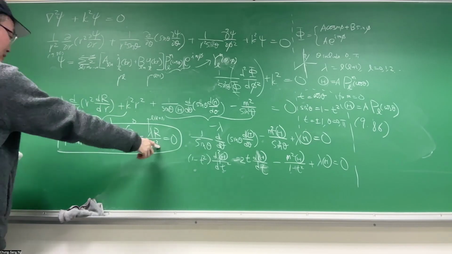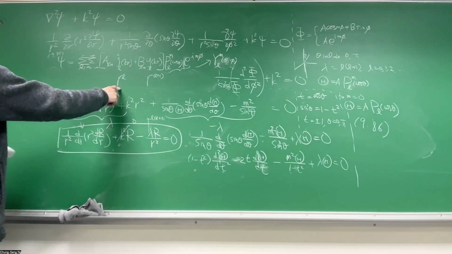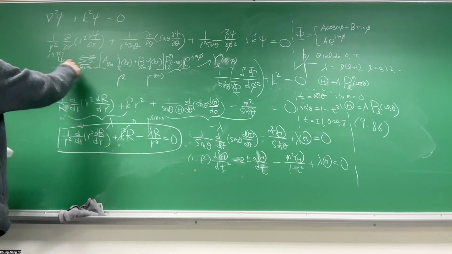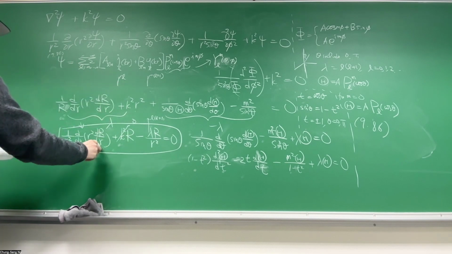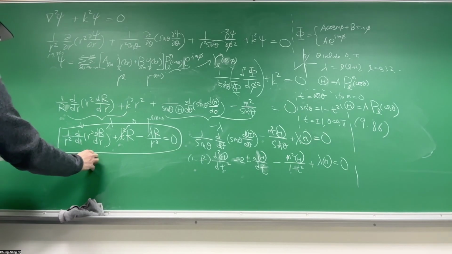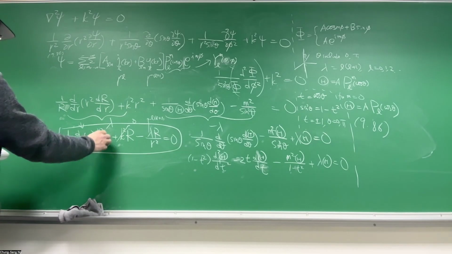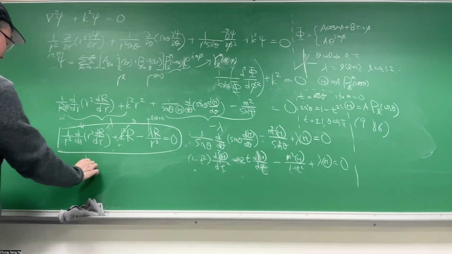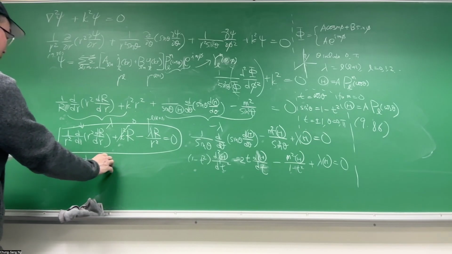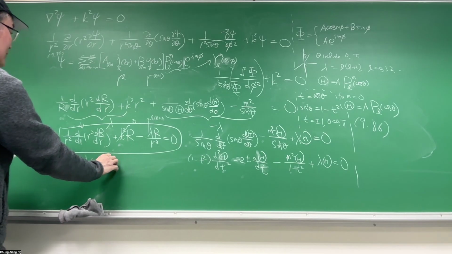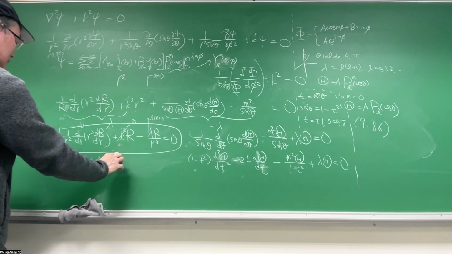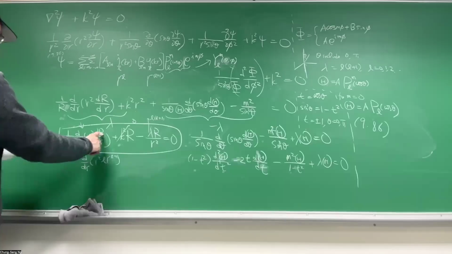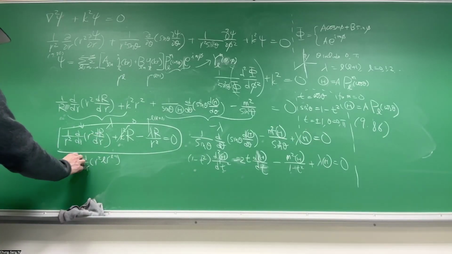If capital R is proportional to r to the l, then working this out, the first derivative will give you l times r to the l minus 1.